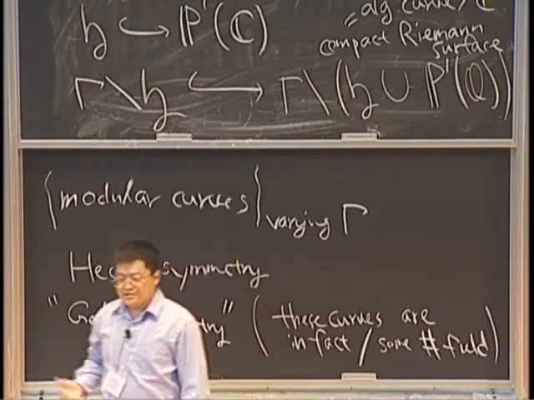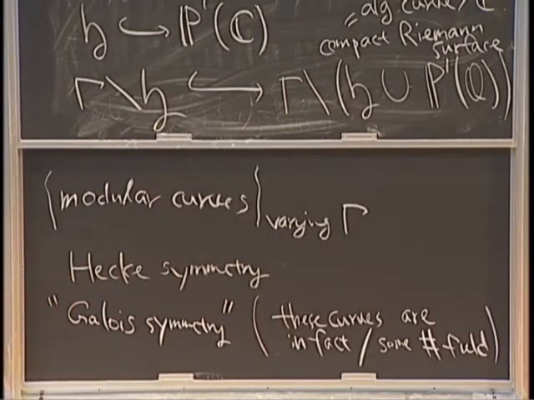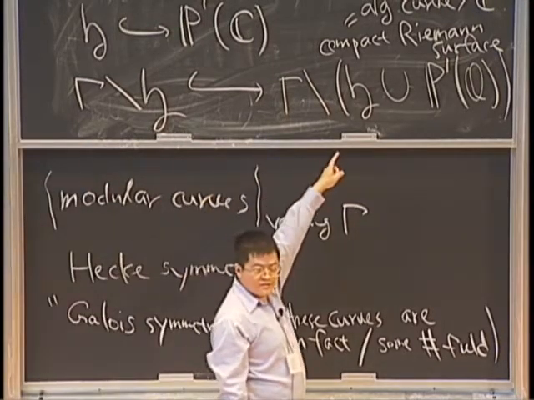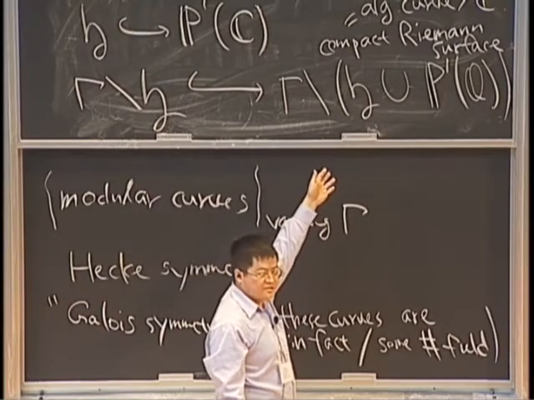Those larger spaces and those quotients will naturally have all this Hecke symmetry just for very general reasons, because they're just kind of good quotients. But then this Galois symmetry is where you see the difference in the theory of Shimura varieties, because it's not true that you can always have something as nice as that. And we will see for very general reasons why it is not true.